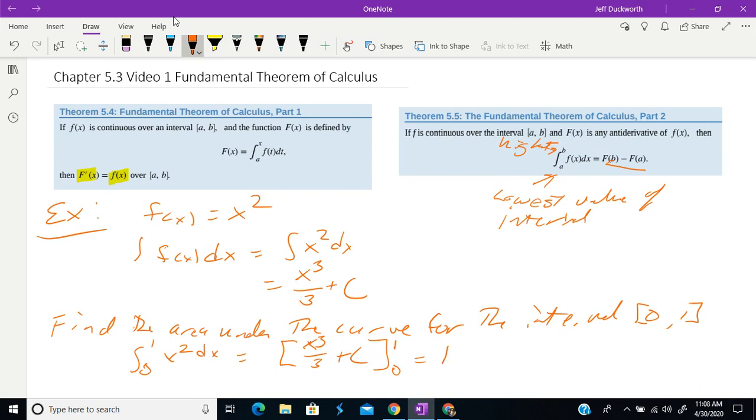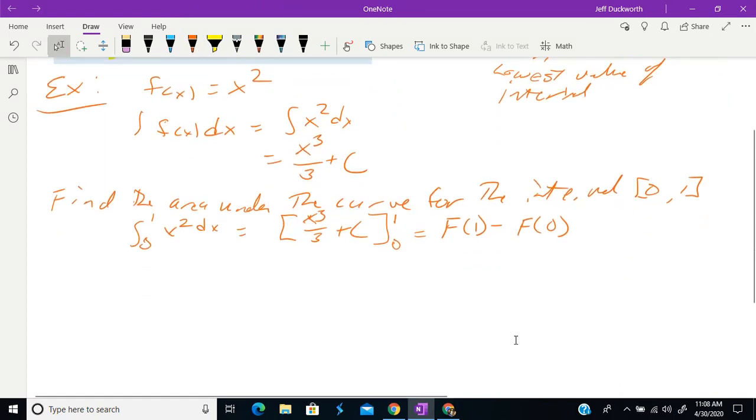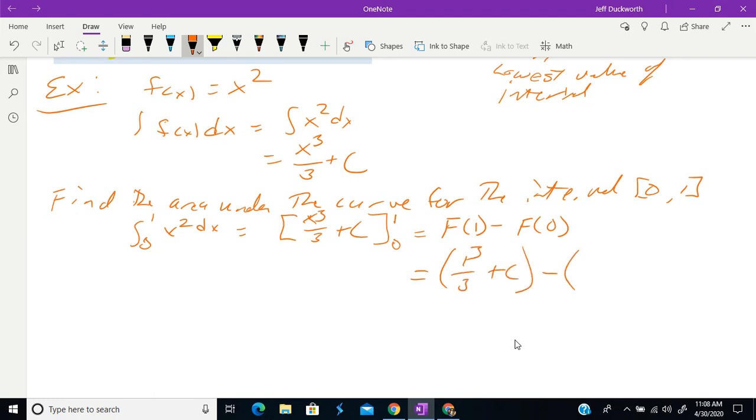So this is going to equal F at 1 minus F at 0, which equals 1 cubed over 3 plus c minus 0 cubed over 3 plus c. Well, notice we're going to have a plus c and a minus c. So that's really just 1/3, plus c minus c, which is 1/3. The c will always cancel itself out, so we don't need to add it at all. And I won't be doing it in the future.